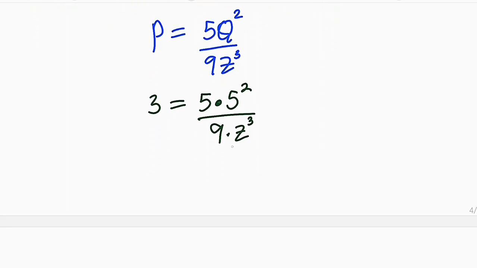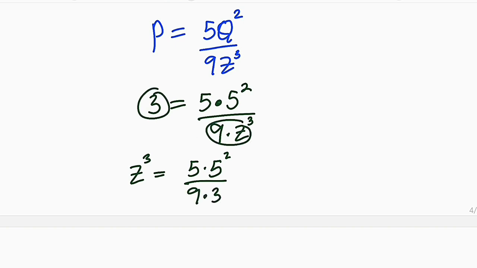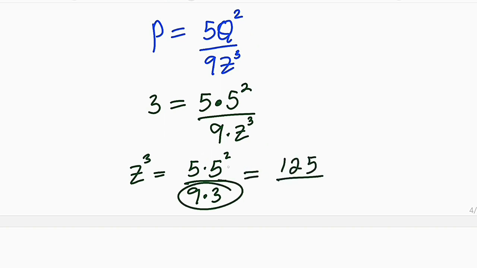Remember, we are looking for Z. Hence, you can take this Z and switch it with this 3, so that Z to the third power will now be equal to 5 multiplied by 5 squared divided by 9 multiplied by 3. Once 3 comes down here, it will multiply 9. 5 squared is 25, and 25 times 5 is 125. So this is equal to 125 divided by 9 times 3, which is 27.